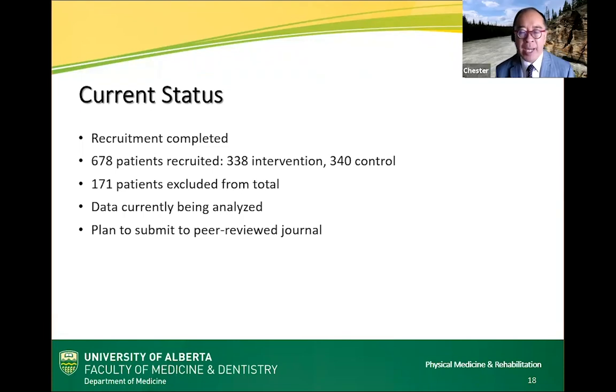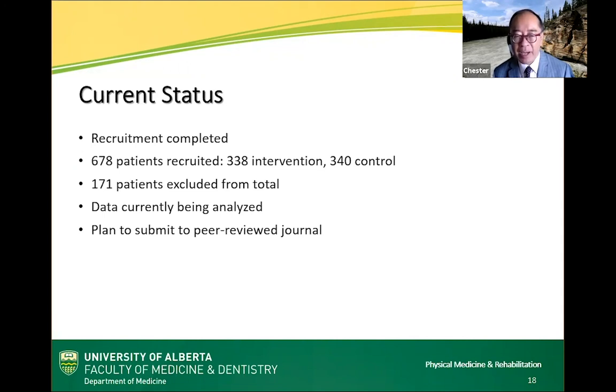So where are we at with our study? Well, our recruitment has completed. It took us several years, but we made it. And so we have now recruited 678 patients from the Foothills Hospital, with 338 being in the intervention group and 340 being in the control group.